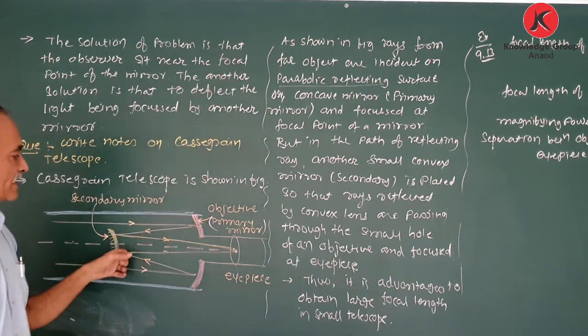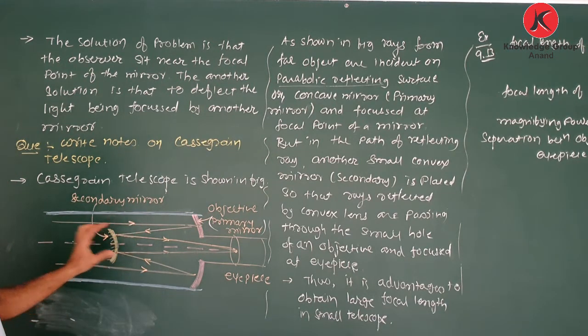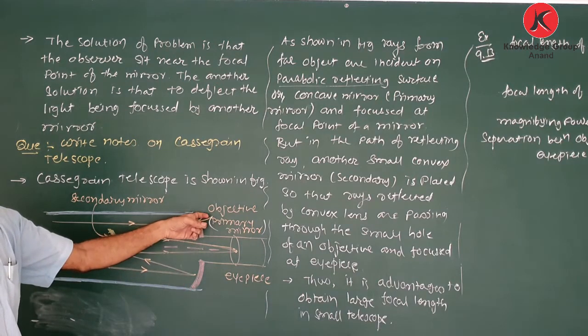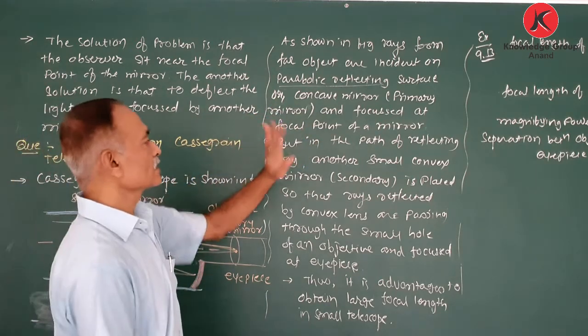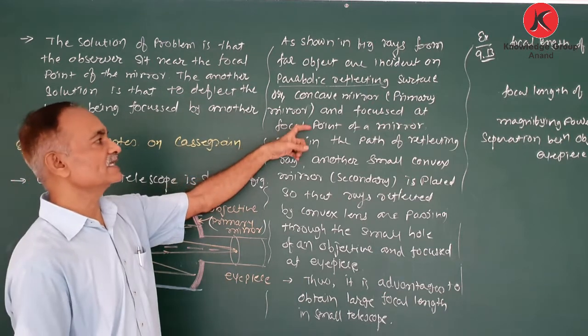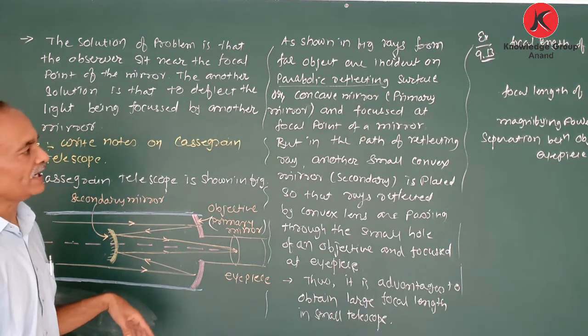Again, it is shown in the figure. The rays from the far object are parallel, so the parallel rays are incident on the primary mirror, the objective, which is a concave mirror. After reflection, these rays would be focused at the focal point of the mirror.